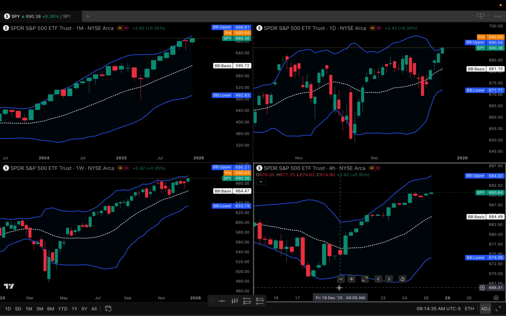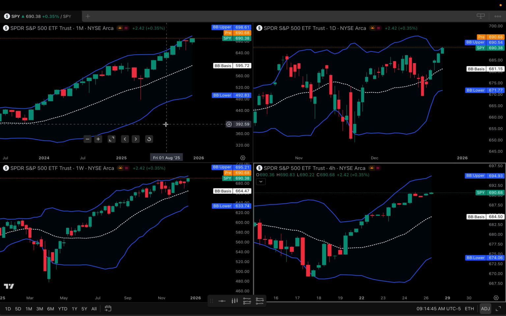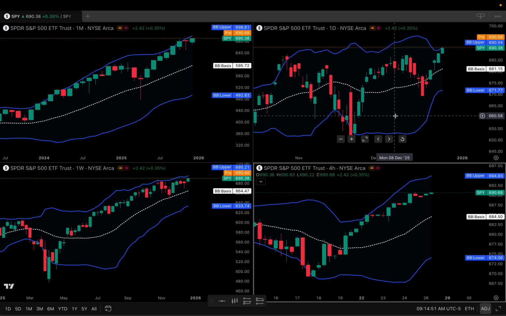So what will you see in my daily recap videos? Well, this is it. You will see SPY in 4 different panels with different time frames. I have the monthly in the top left, weekly bottom left, daily on the top right, and the 4-hour time frame in the bottom right.